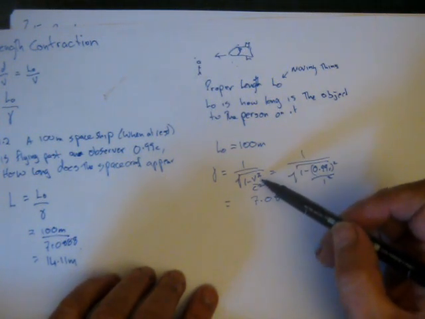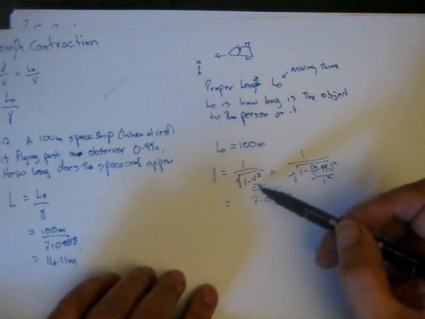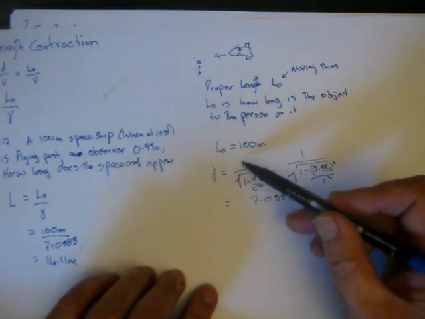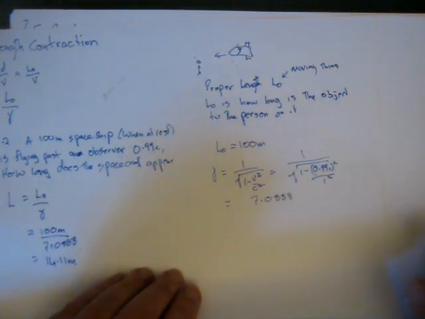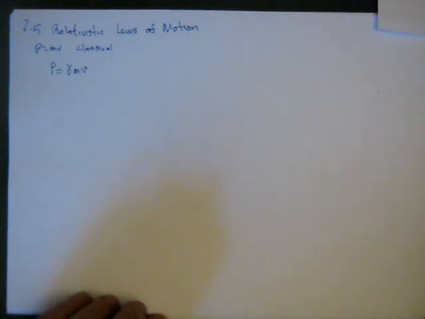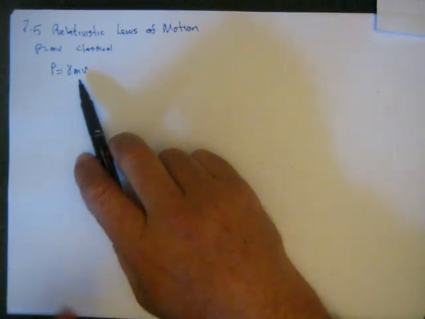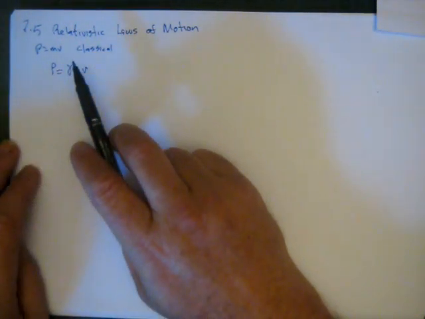If this were travelling at the speed of light, v would be equal to 1, c would equal 1. 1 minus 1 is 0, square root of 0 is 0. 1 divided by 0 is, your guess is as good as anybody else's at that point. So that means anything with mass, as it approaches the speed of light, it can approach the speed of light, but to actually travel at the speed of light would probably take an infinite amount of energy.